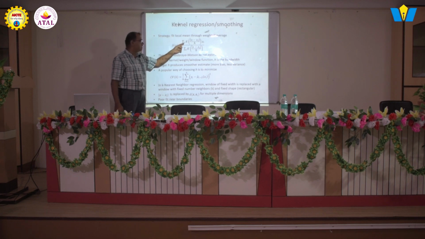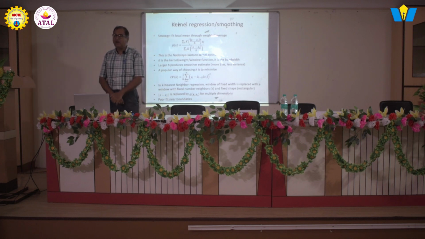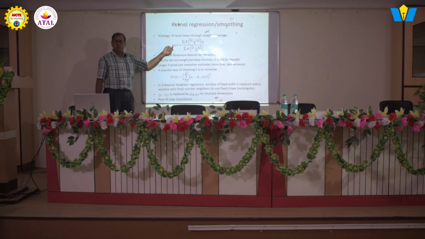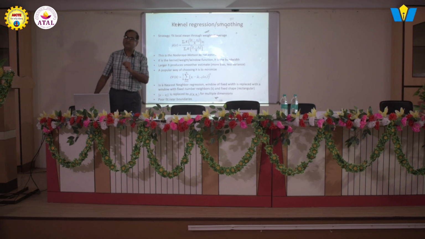So this is summation wi yi divided by summation wi. So that's a weighted average. How is the weight defined? That depends on where we are estimating mu. See, this mu is not just a number, it's a function that we are estimating. So for every x, it should happen that way.